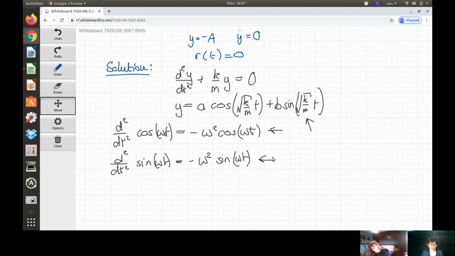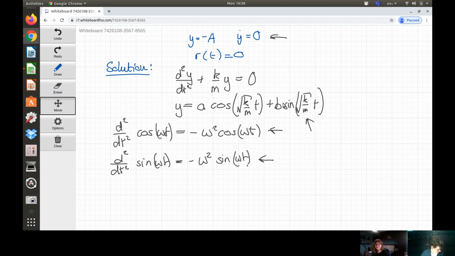So then all I need to do is apply the initial conditions here. And I know that cos is flat when t is 0. So this has no derivative. So that's fine. But sine t does have a derivative.